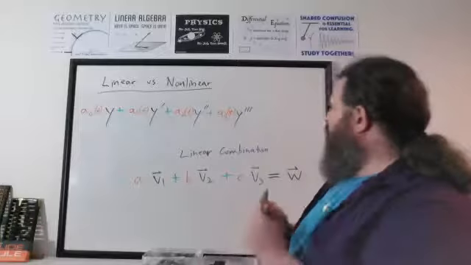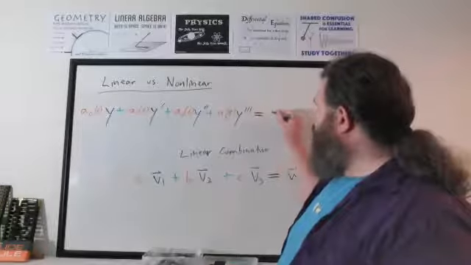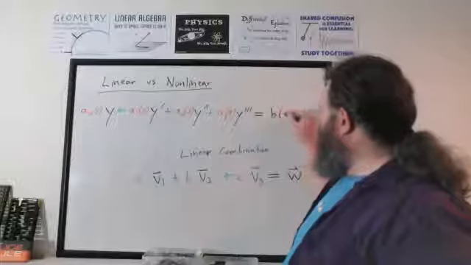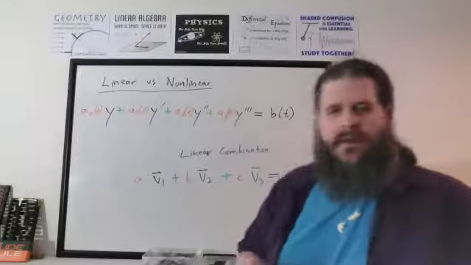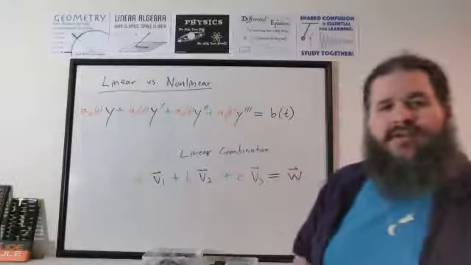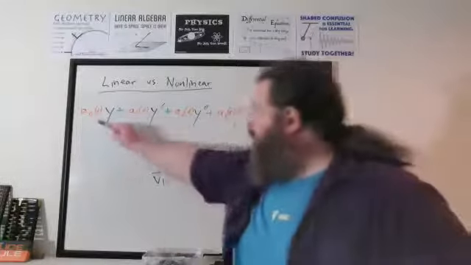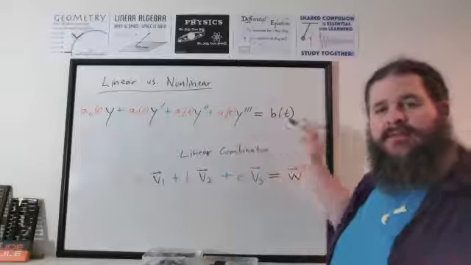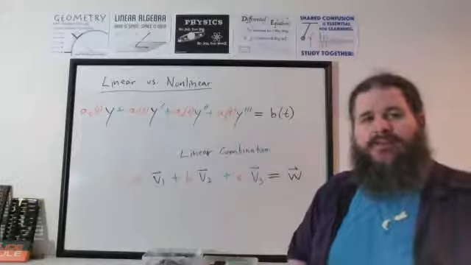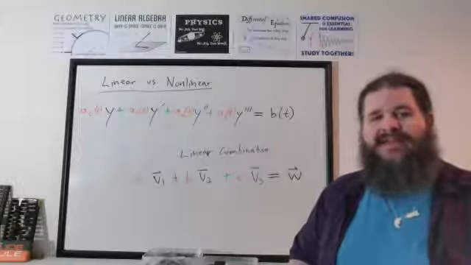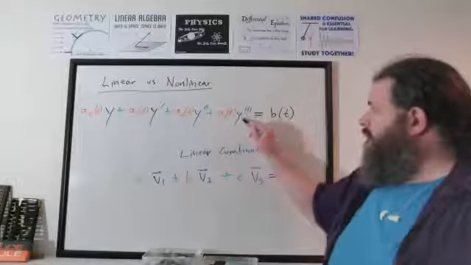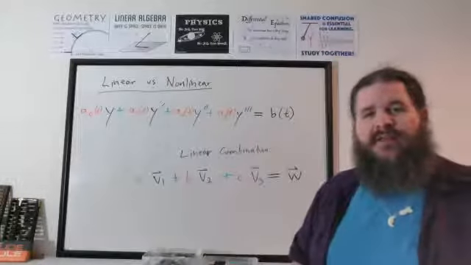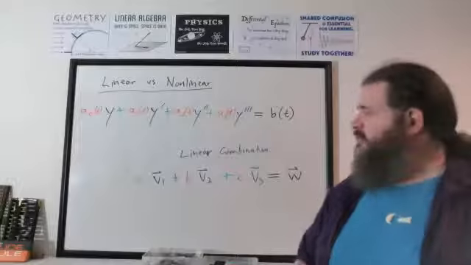And then those all add up to presumably some other function, let's say b of t. So in general, if you can write a differential equation in this format, something y plus something y prime plus something y double prime and so on equals something, and all those somethings are either constants or functions of the independent variable, but not functions of y or its derivatives, then that counts as a linear differential equation.